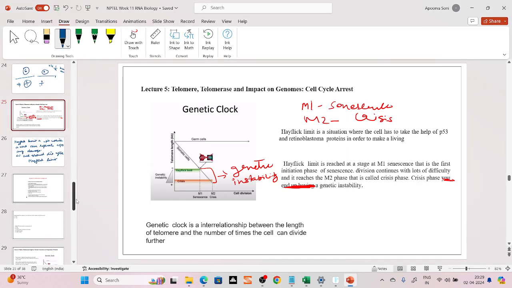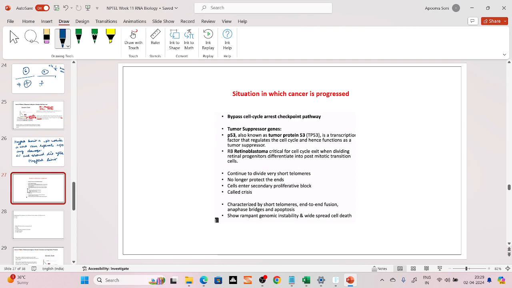Now, this is just for your reading: the situations in which cancer progresses. It progresses when it bypasses the cell cycle checkpoints, when the tumor suppressor genes are not functioning. It continues to divide, and very short telomeres, as we have just discussed, no longer protect the ends.